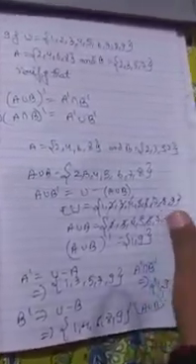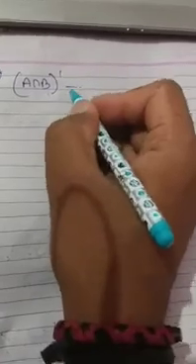Okay, let's see the second part of this question. So (A intersection B) complement we have to find is equal to A complement union B complement.